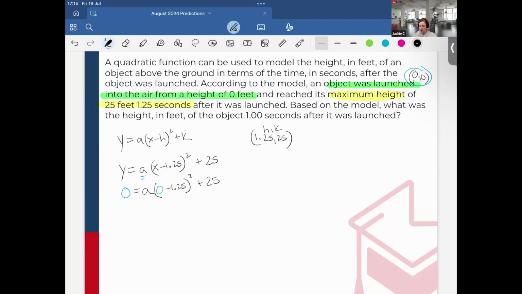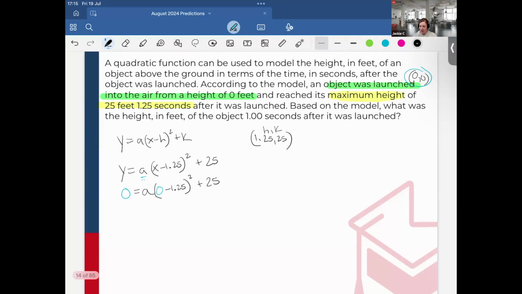Okay, so let's go ahead and do that. I'm going to solve without a calculator, so I'm just going to convert this into a fraction. So this would be minus 5/4. You can use a calculator. I just want to show how nicely it works if you don't. Just remember when you square a fraction, you square the top and the bottom. So 0 is equal to 25/16 a plus 25.